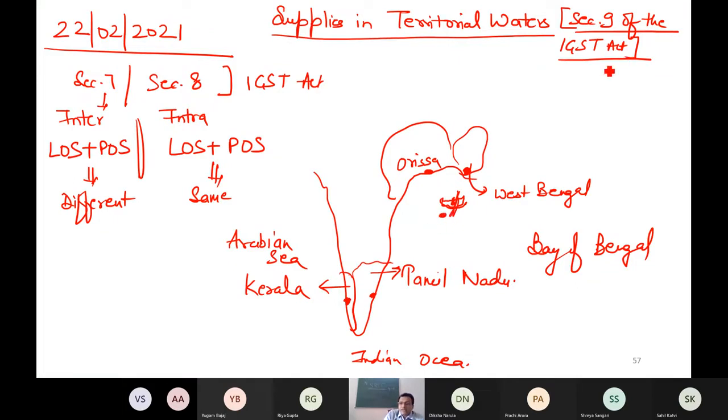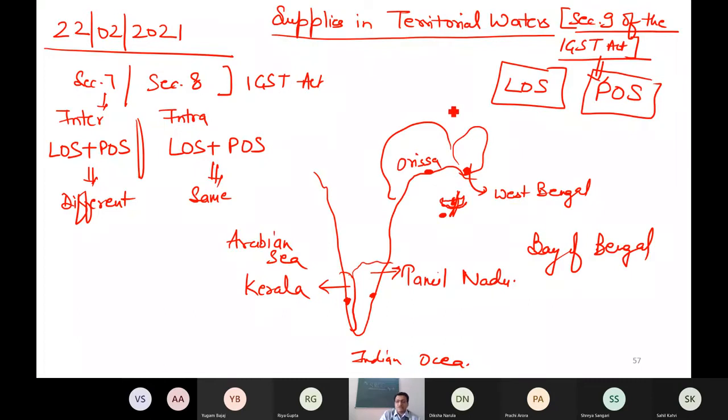So that is where Section 9 says that whether you want to check location of supplier or place of supply, what should be the location of supplier and what should be the place of supply? The Act says, if the supply is happening in territorial water, then check the nearest baseline. So if this is the goods, then this is the nearest baseline, Odisha or this.